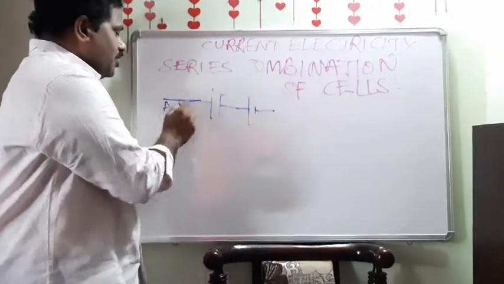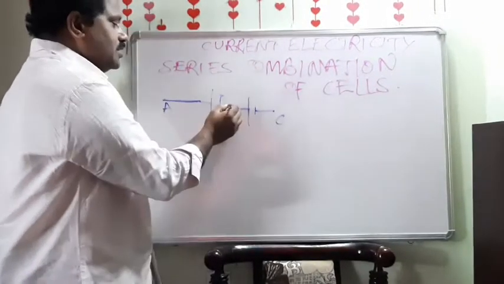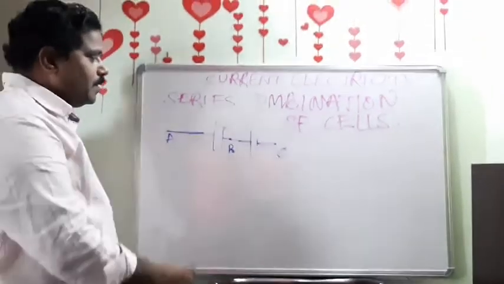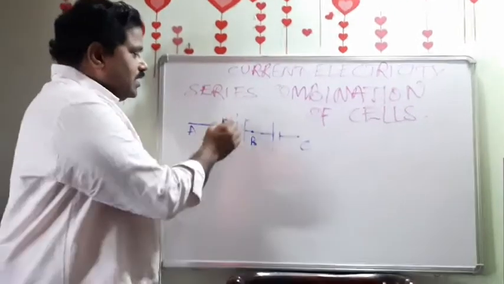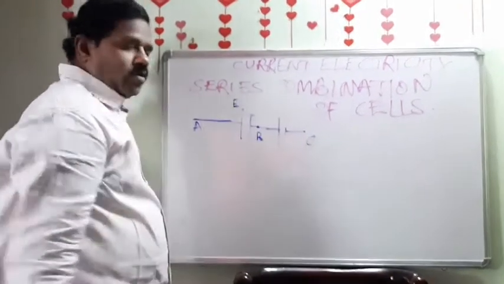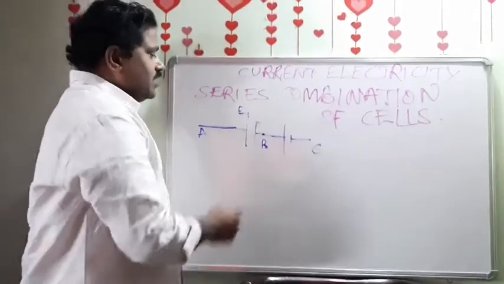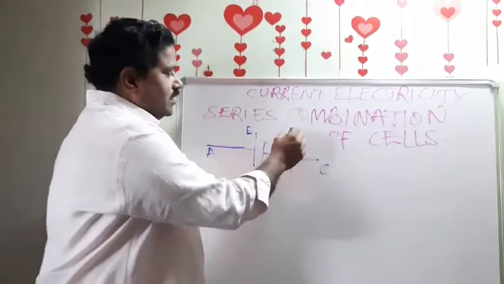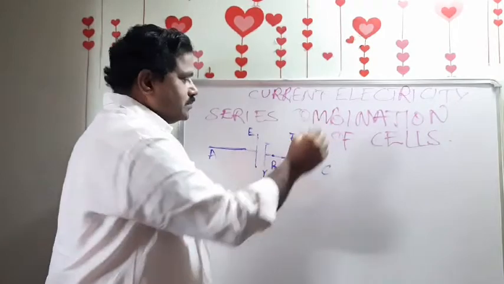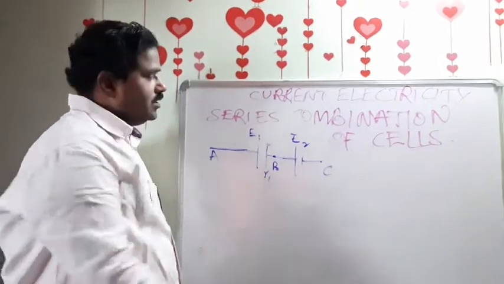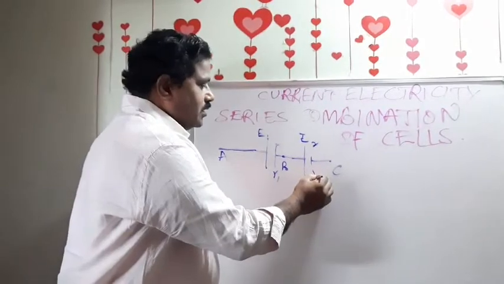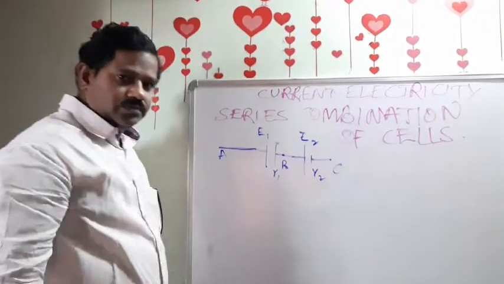Let us consider point A here, point C here, B here. The electromotive force of the first cell is E1 and its internal resistance is R1. The second cell has electromotive force E2 and internal resistance R2.